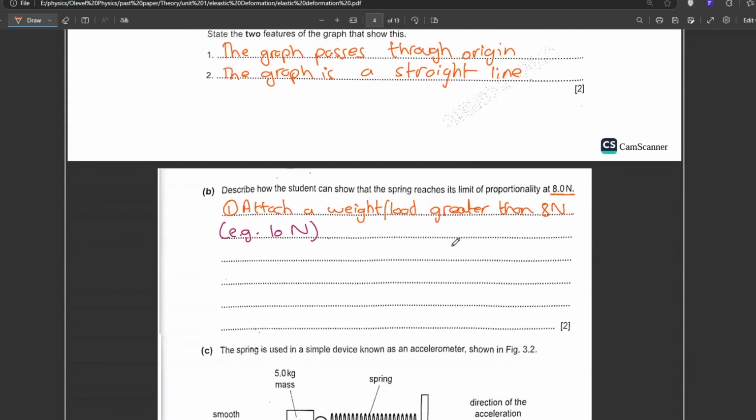So how will you write this answer? Attach a weight load greater than 8 Newton.